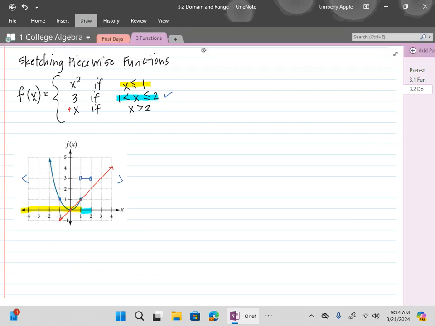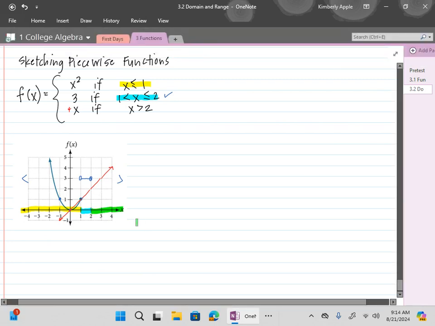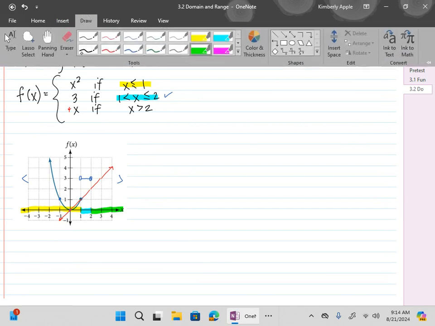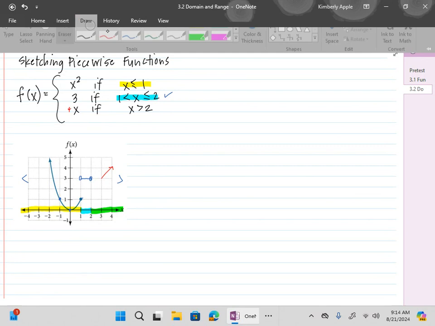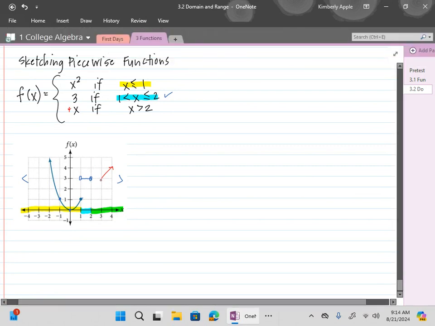Only greater than 2. So only in this section. So where am I going to graph that line? Just in that section. So I'm going to get rid of all of this. Do I include this endpoint? Not for this one. X strictly greater than 2.